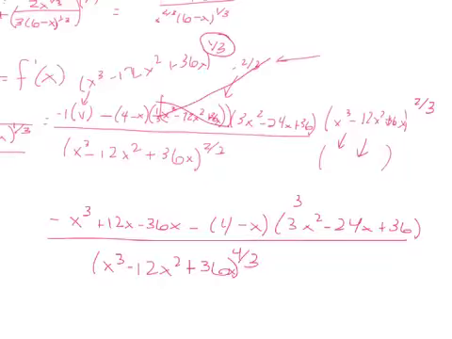Over here I'm going to factor this to 3 times x squared minus 8x plus 12, which factors to x minus 6 and x minus 2. So I have a 4 minus x here.